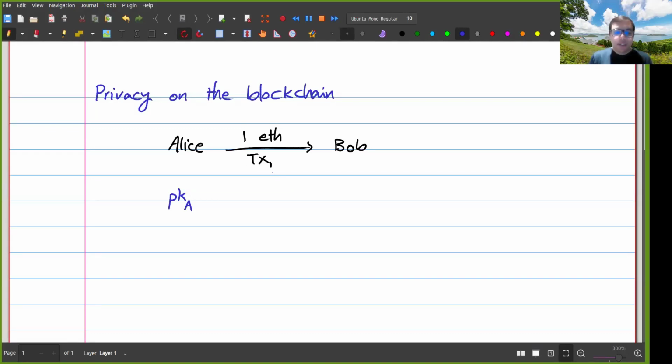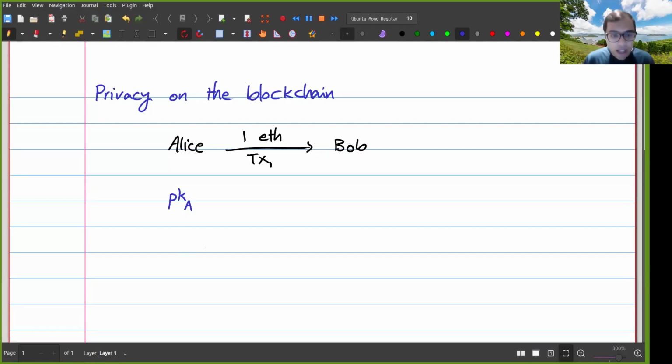But remember, everything on the blockchain is public, and everyone has reached a consensus about the history of transactions. So when Bob sees this transaction, he's not only seeing that he's being paid, he also sees that this is the public key of Alice. So he can go back and look into the history of all transactions and actually see all of Alice's previous transactions, right?